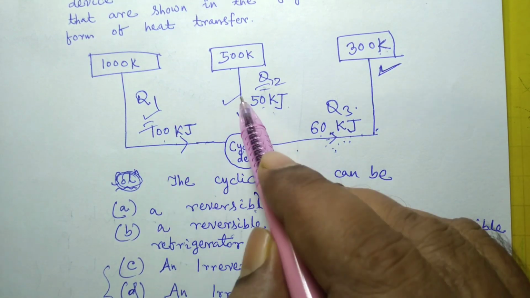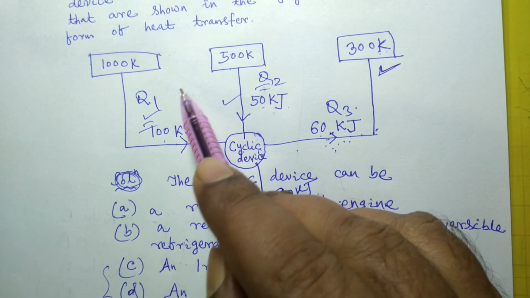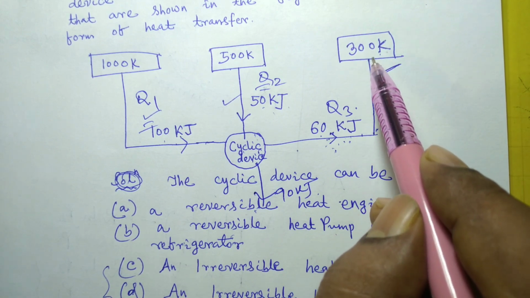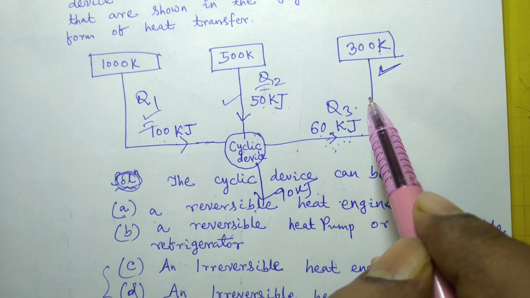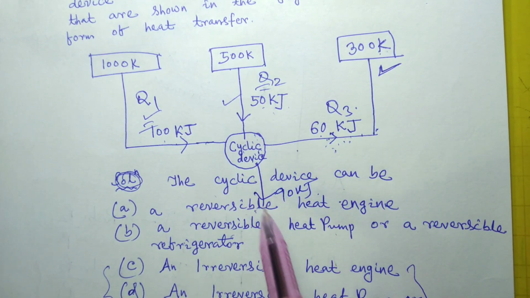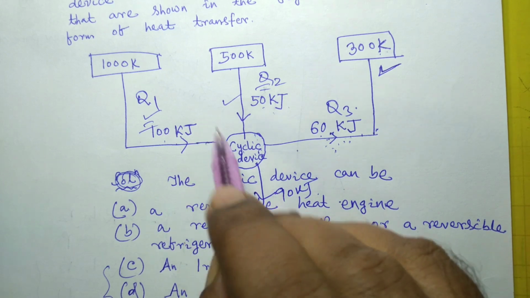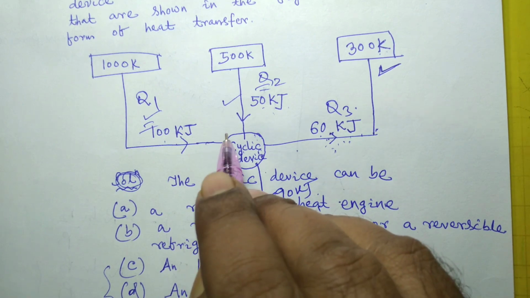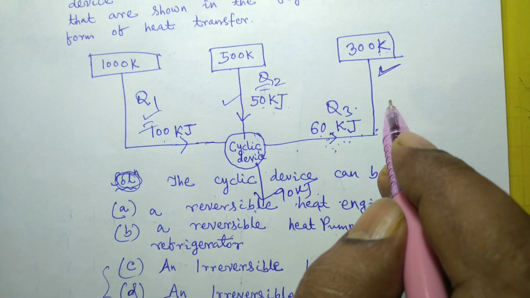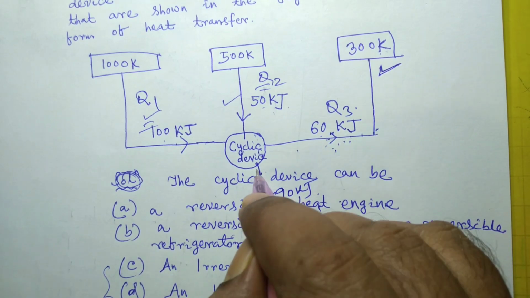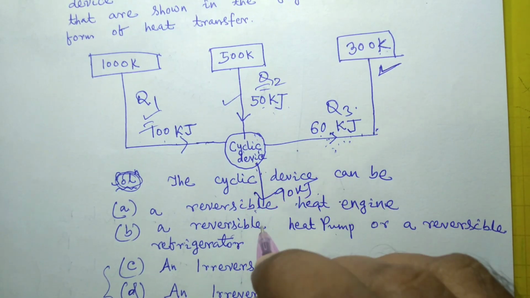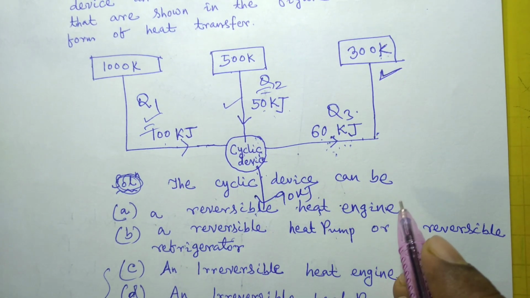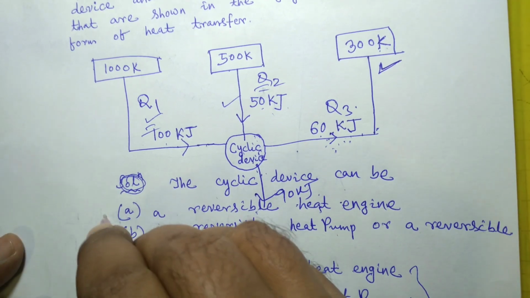The heat coming to the device is from high temperature, the reservoir to which heat is rejected is at low temperature, and there is a net work output, 90 kilojoule in this case. So obviously this one is a reversible heat engine. Had it been a reversible refrigerator, heat would have been transferred from low temperature to high temperature and work would have been consumed. In this case, net work output is possible. That's why it's a reversible heat engine. So option A is the correct answer.